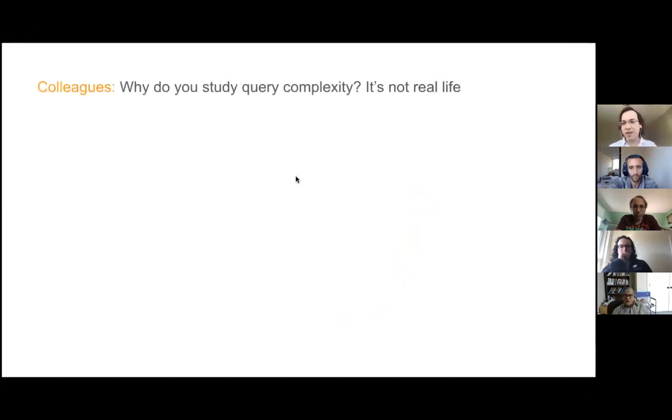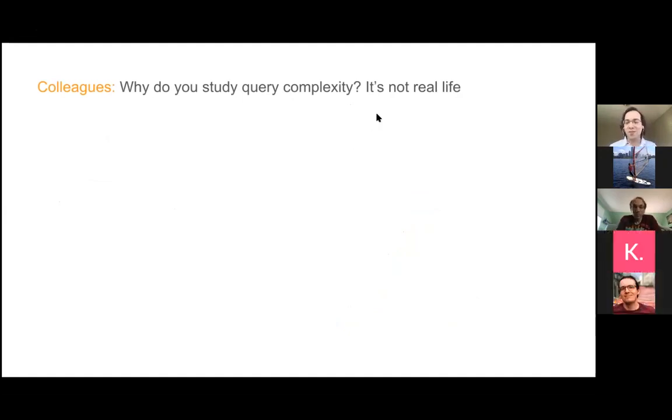I sometimes get the following line of questioning when I tell people about this work. People ask me, why do you study query complexity? Query complexity is not real life. It's just a very simple toy model. And I usually answer, well, at least we can prove things.